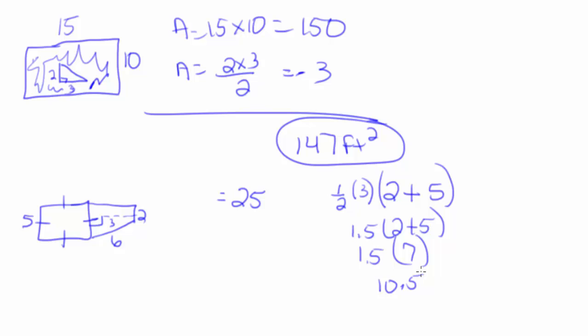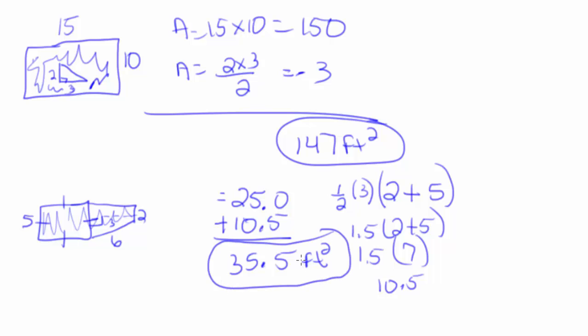That's where you would get that. So 25 plus, I don't know if I said minus earlier, because we're finding the area of this whole thing on this one. So you would actually add it together. So 35.5 feet squared would be how you did that. So sorry that wasn't on there. I don't know what happened.